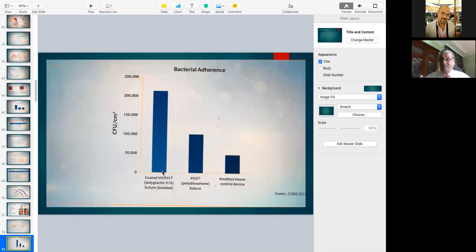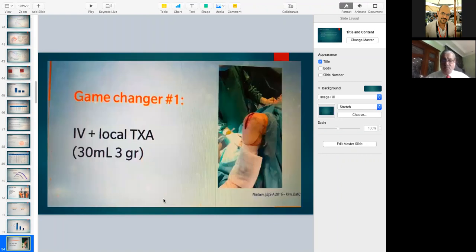This means bacteria more easily adhere to the Vicryl than the knotless. And also BTS was less.